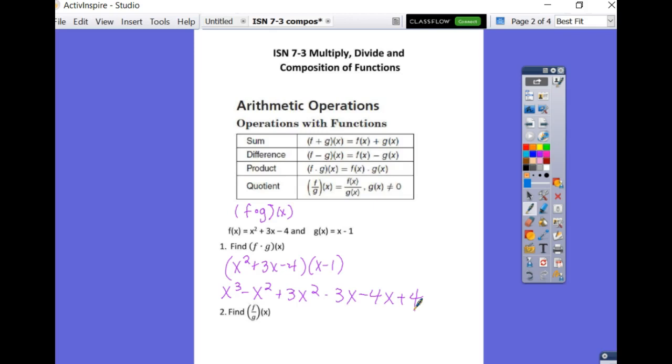And then how do I find the answer? Combine like terms. Can I combine anything with the x to the third? No. So I'm going to get x to the third. When I combine these two, I get 2x squared. Then I have minus 3x minus 4x is minus 7x plus 4. So all I did is multiply.